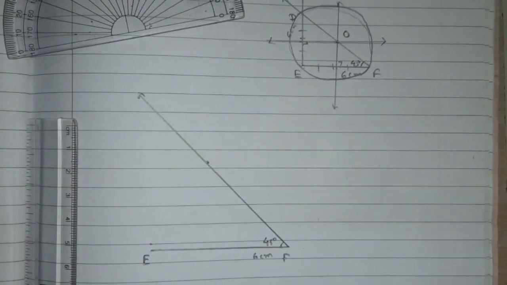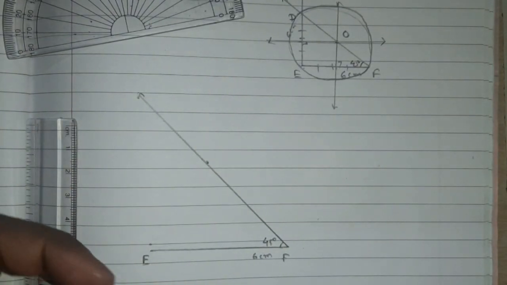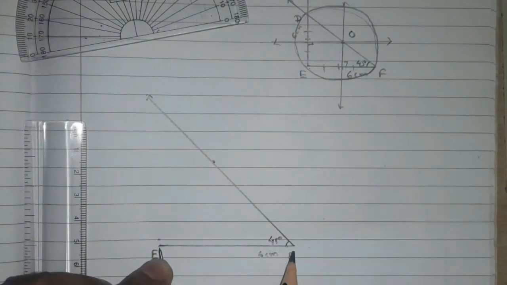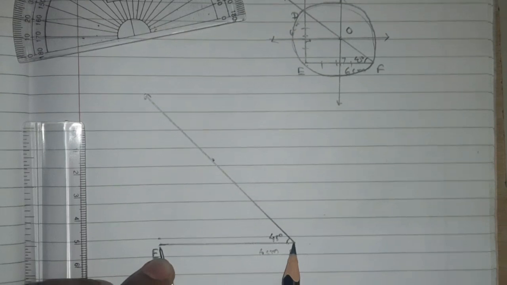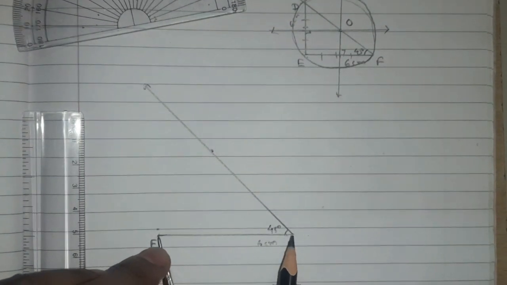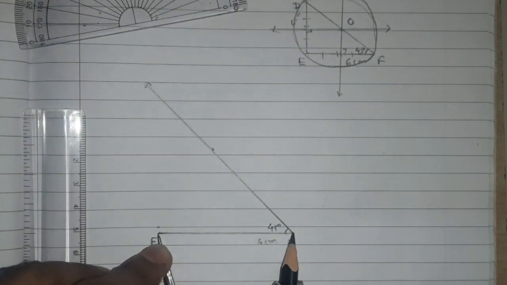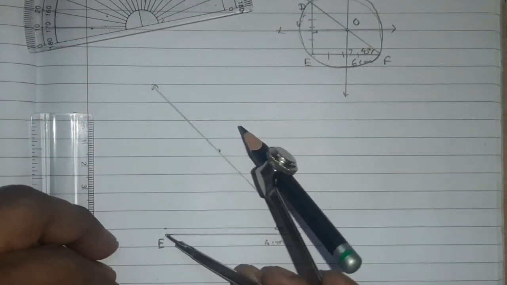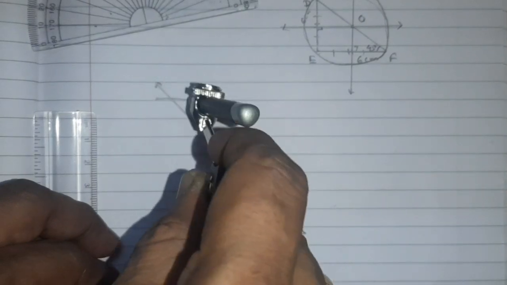The distance of point D from E is 6 centimeter. Therefore, put the metal point on E. Adjust the point, pencil point up to F. That is, the distance is 6 centimeter. Put the metal point on E and draw the intersecting arc like this.